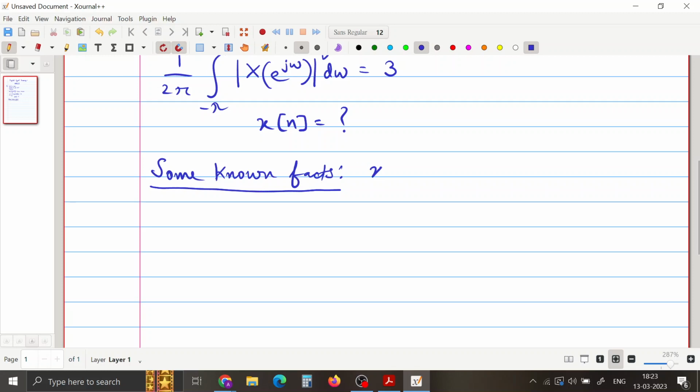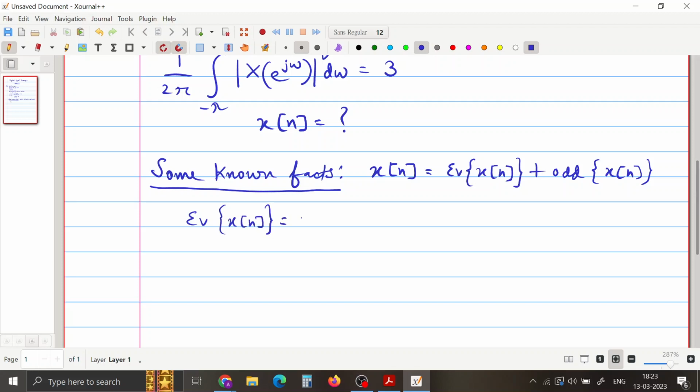Any signal or sequence x of n can be broken down into two parts. The even part, ev of x of n, is the even part of x of n, and this is the odd part of x of n. And what is the even part? It has this form.